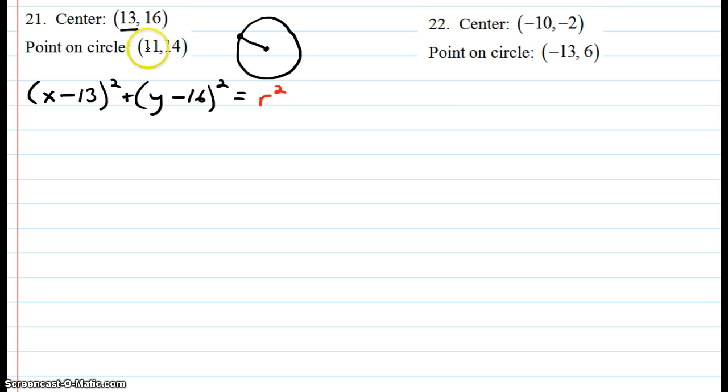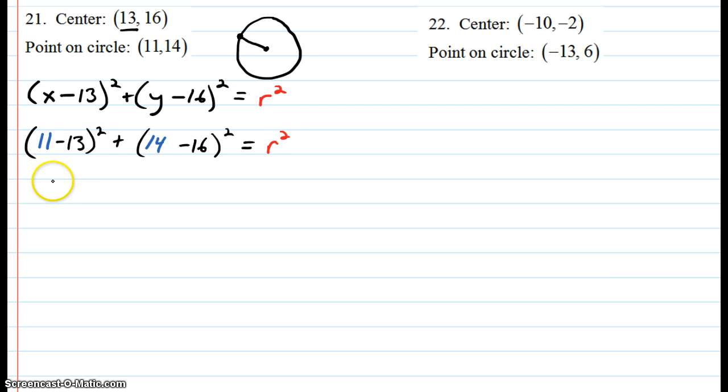So now we're going to take the 11 and plug it in where the x is, and put the 14 where the y is. So we're going to have 11 minus 13 squared plus 14 minus 16 squared, and that is going to tell us what r squared is. That's the missing piece of the puzzle.